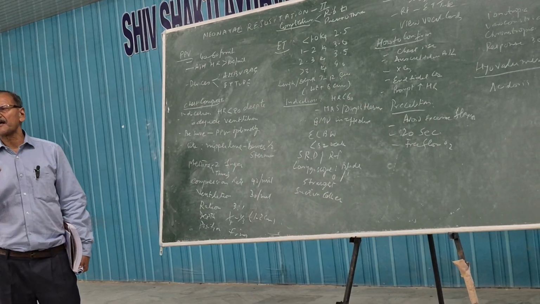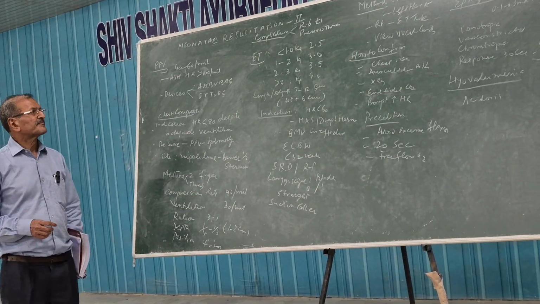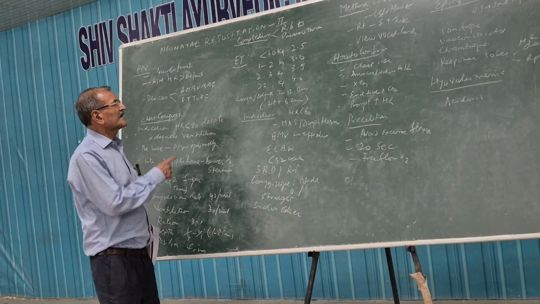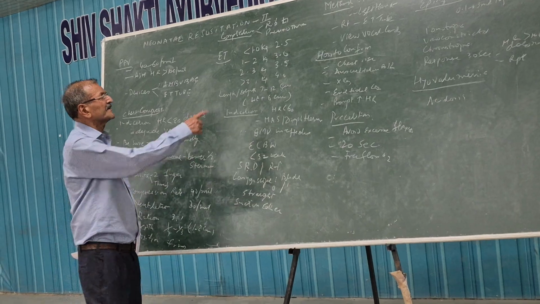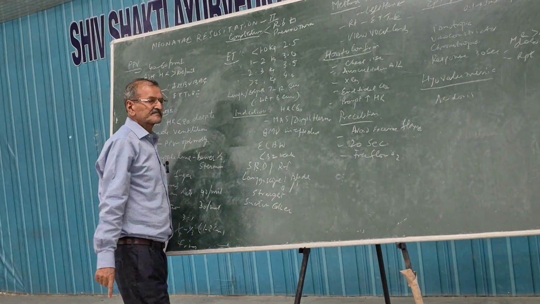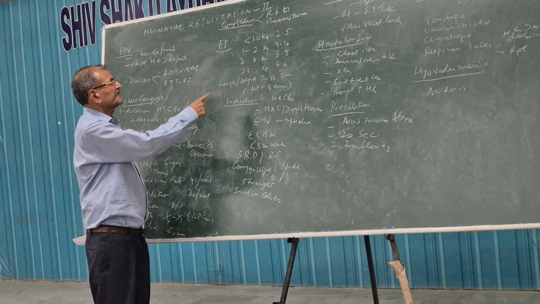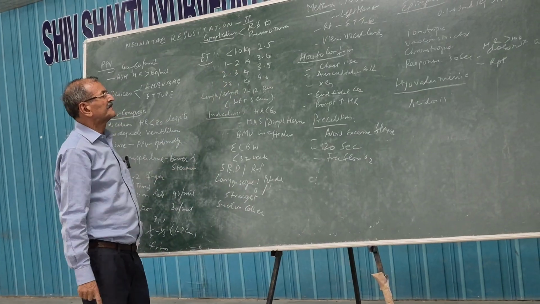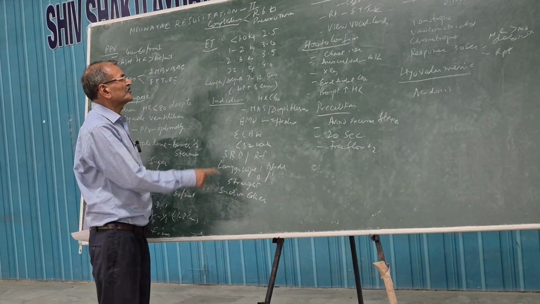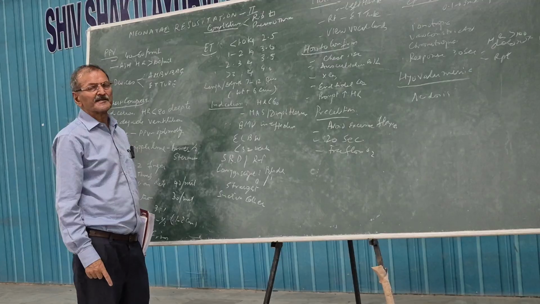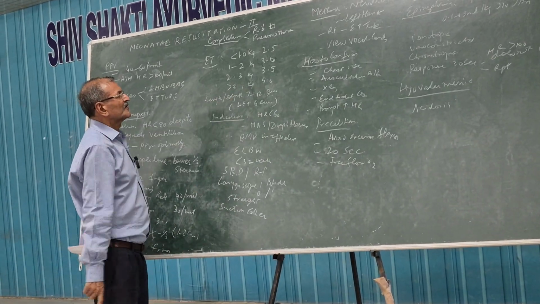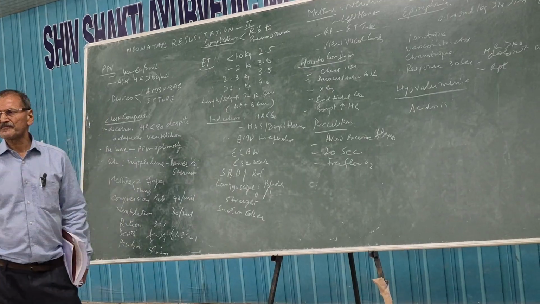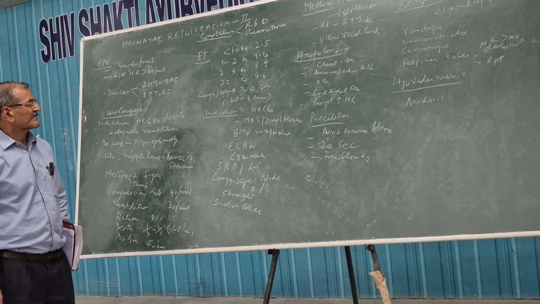So the internal diameter is what you require. If the child weight is less than 1 kg, you will need 2.5 mm. If 1 to 2 kg, 3 mm ET tube, 2 to 3 kg, 3.5 and more than 3 kg, you will be needing 4 mm ET tube, right?